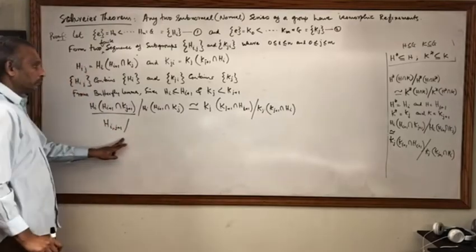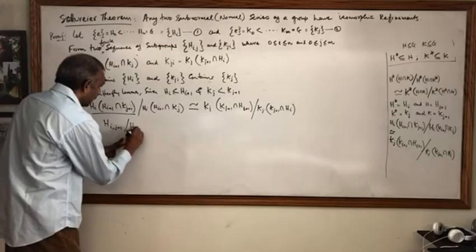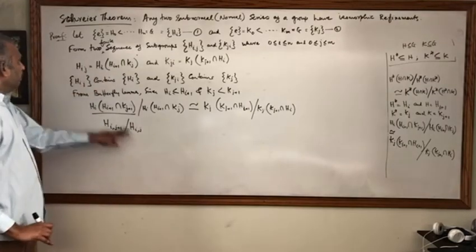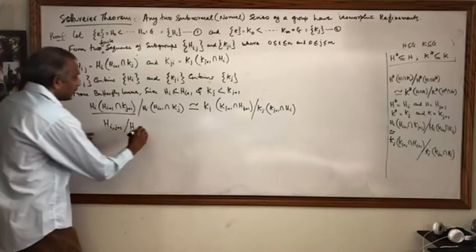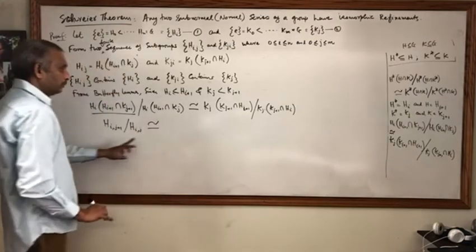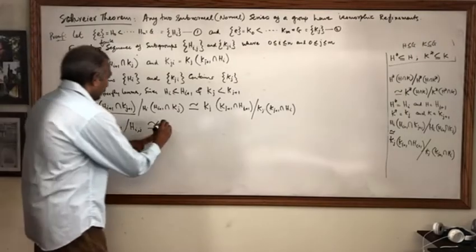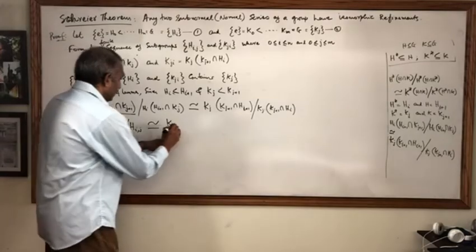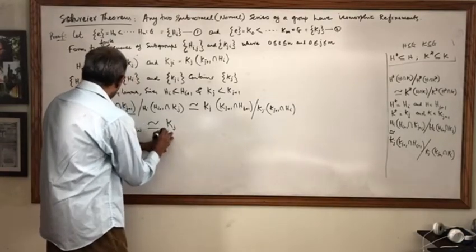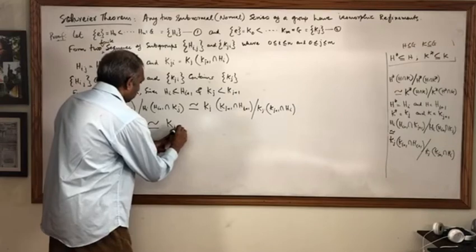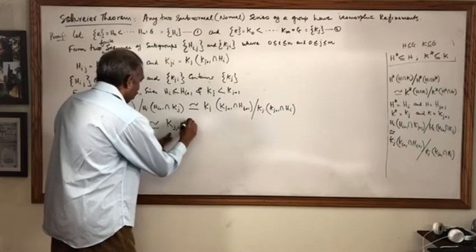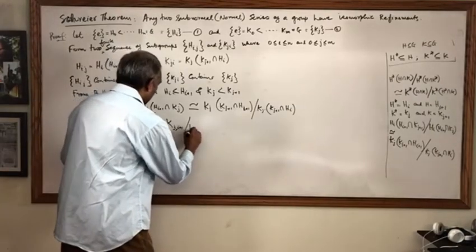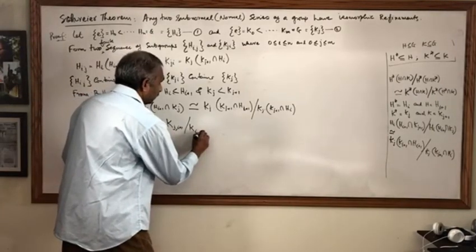Over this is going to be Hij, because of this notation. It is isomorphic to Kj,i plus 1 over Kji.